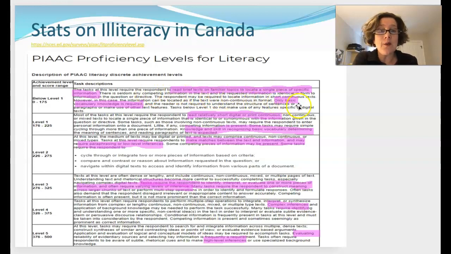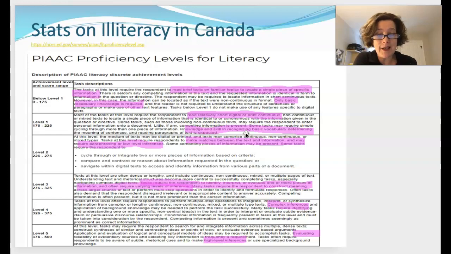And level 1 is also only basic vocab knowledge is required. Okay, sorry, that's below level 1. So level 1 here is read relatively short digital or print continuous text. Knowledge and skills in recognizing basic vocab and determining the meaning of sentences and reading paragraphs of text is expected.